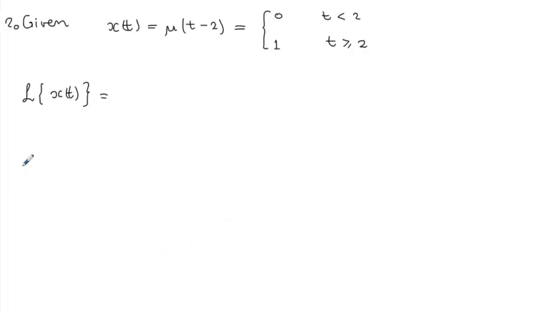Let's look at another version of this unit step function. In this case, I'm talking about the delayed version of the unit step function. Just notice that we've got a new signal, x, which originates from delaying the unit step function by 2 steps. So our delay here is 2.